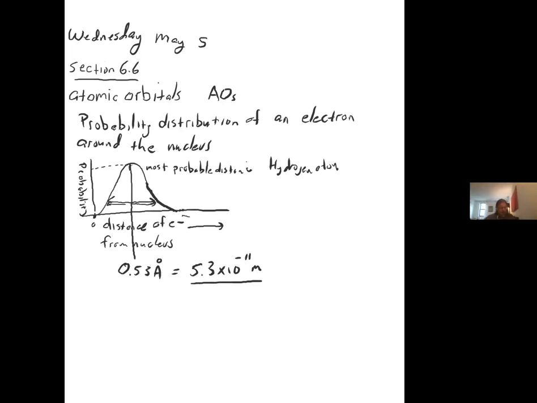Now, the atomic orbital, the AO, is essentially the probability distribution of the electron in the atom. And so from a chemist's perspective, we could represent it like this, and we sometimes do. You're going to see this in your textbook. More likely, we're going to do it as a diagram, like a little cartoon.